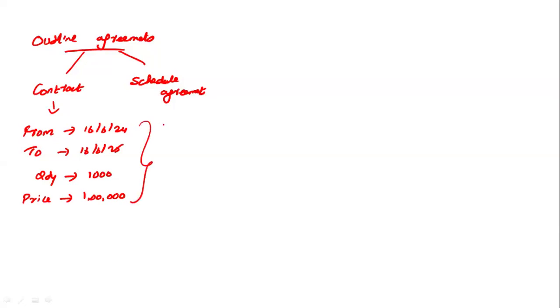In contract, we have two types of contract. One is the quantity contract, one is the value contract.